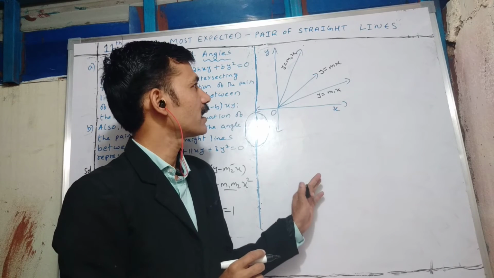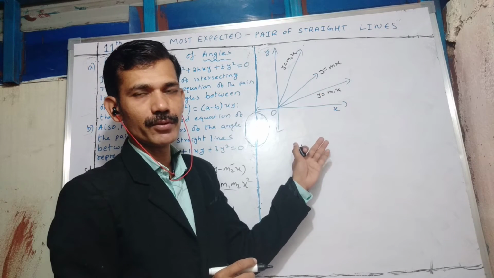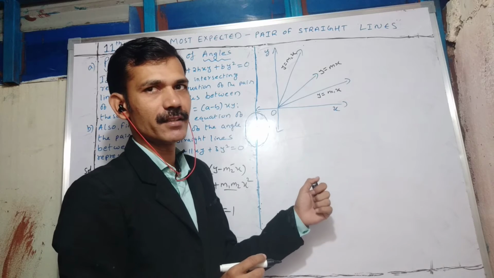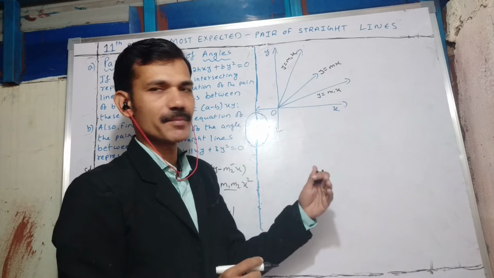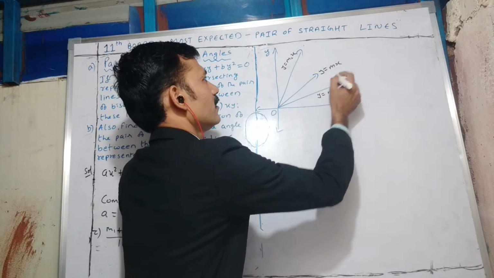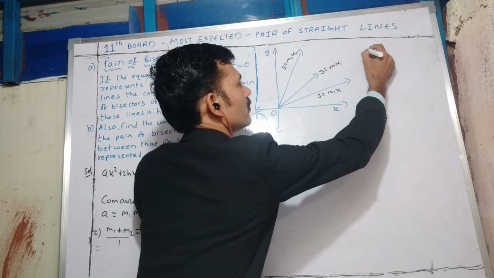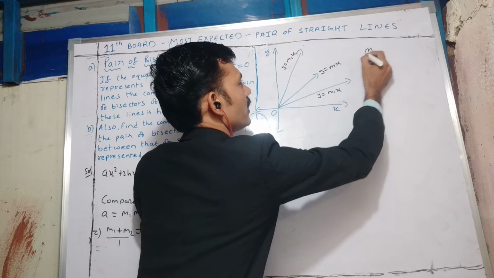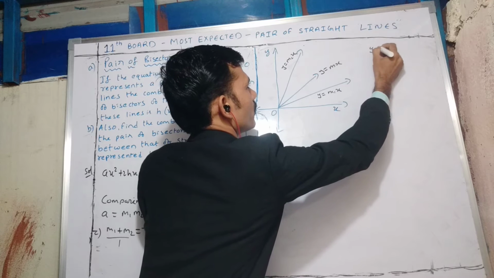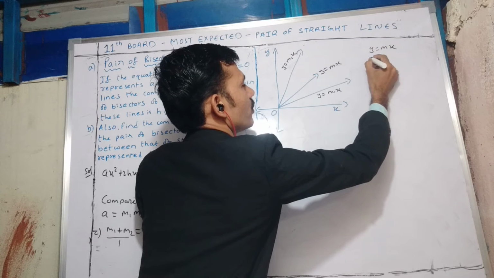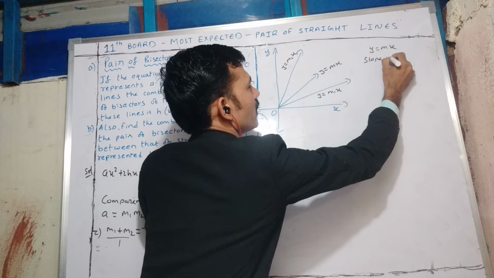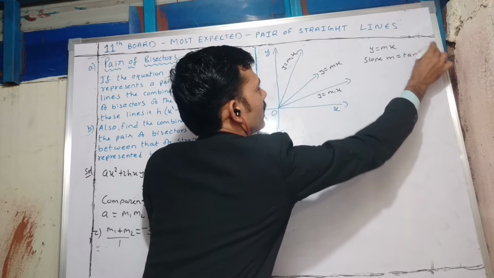How will the thetas be there? See, m is nothing but slope, no? Slope is represented by tan theta. So here, for y equal to mx, slope m equal to tan theta.